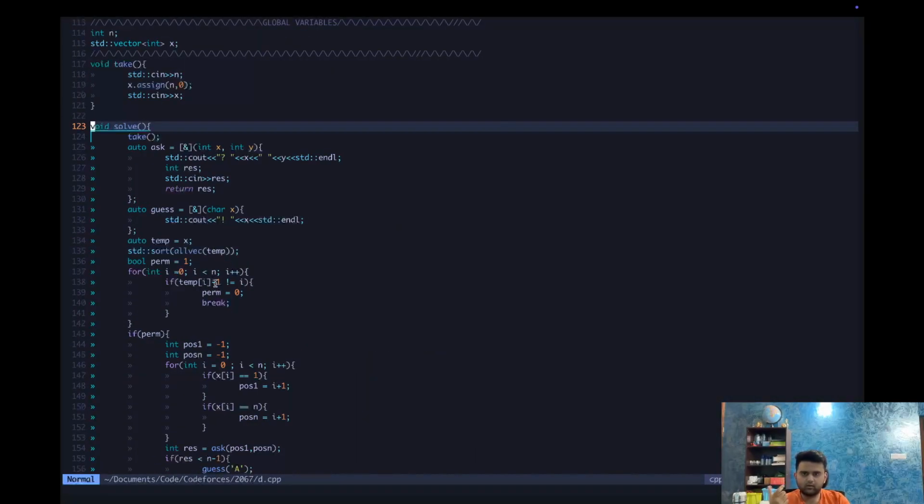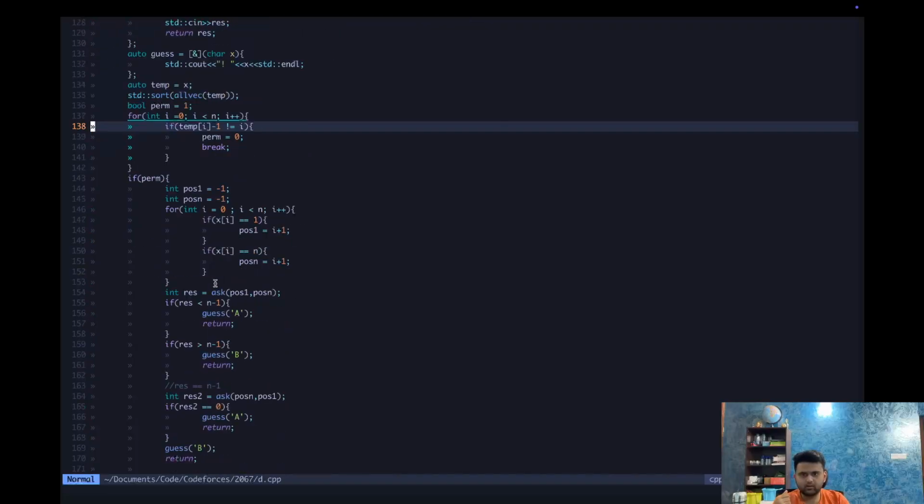If all numbers between 1 to n appear exactly once, so it's a permutation, then I test this: I find the indices where there's 1 and n, and I ask what's the result for these positions. My test is basically, if it's a coordinate system, then the difference between x's would contribute at least n minus 1, so the total Manhattan distance would be at least n minus 1.